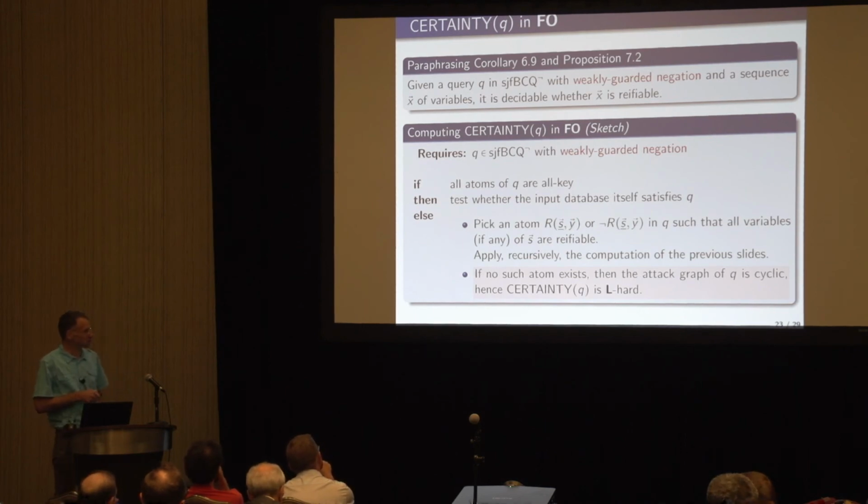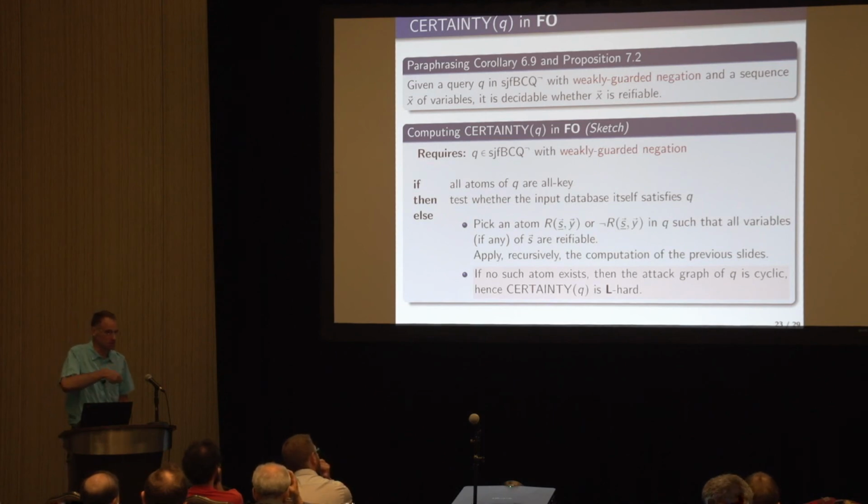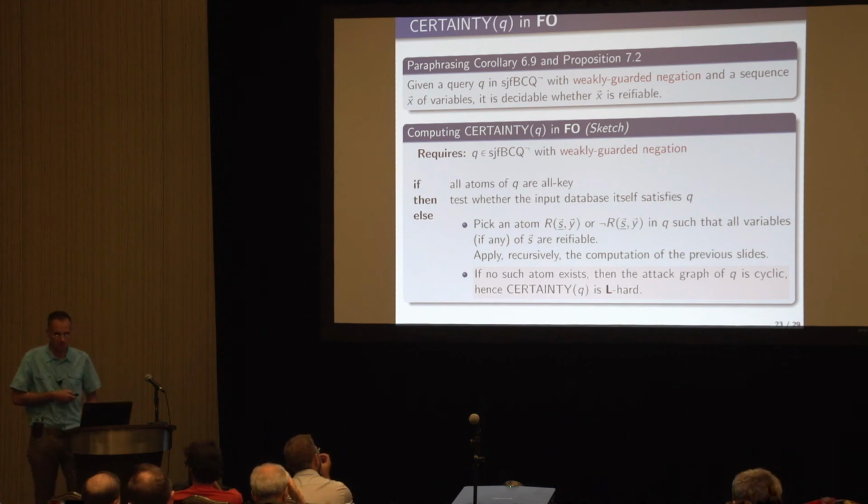Otherwise, we pick an atom such that all variables in the primary key are reifiable. This means it can be reified or the primary key contains no variables, and then we apply recursively the computation that I showed on the previous slides. And this actually solves the problem in first-order logic, right?